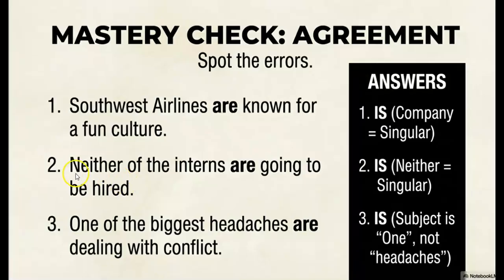And so here the word neither is always singular. So actually it should be neither of the interns is going to be hired. And then finally for number 3, one of the biggest headaches are dealing with conflict. And so the word one is the true subject. And so this would be written as one of the biggest headaches is dealing with conflict.